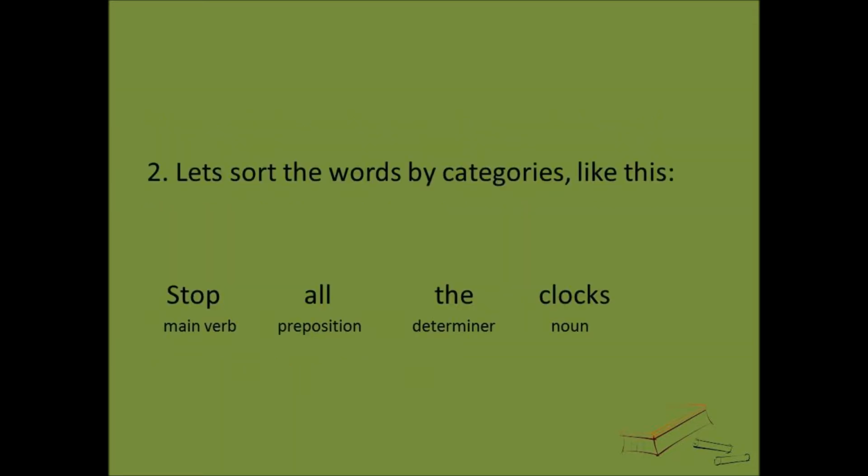Okay, the second thing that we have to do is to sort the words by categories like this. Stop is a main verb, all is a preposition, the is a determiner, and clocks is a noun.